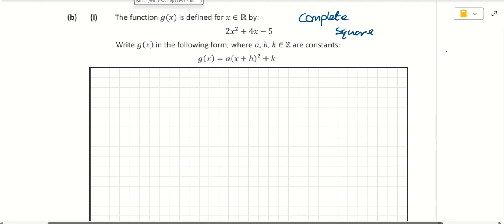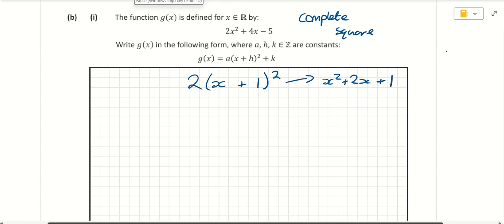So let's see, what's in common to this? Well, you want something on the outside, and you can see that there's a 2 in front of the x squared. So let's start there. So we've got 2, then we've got x squared plus, sorry, not x squared, 2 times x plus 1 squared. Now, the reason that works is because x plus 1 squared is x squared plus 2x plus 1.